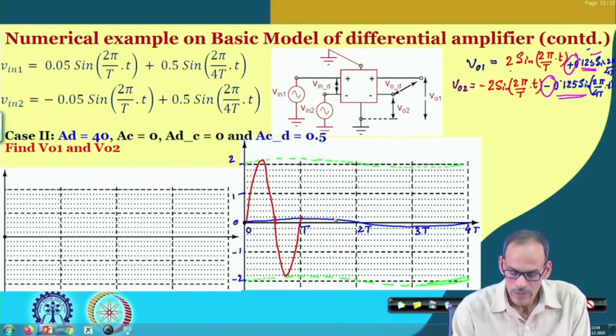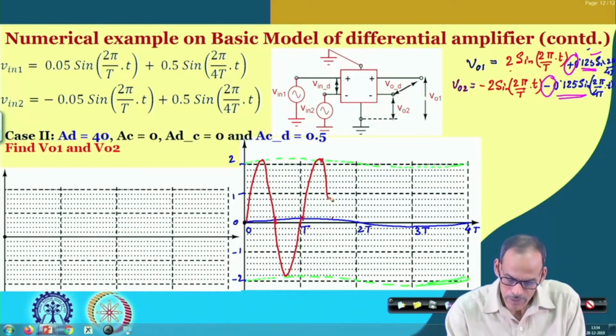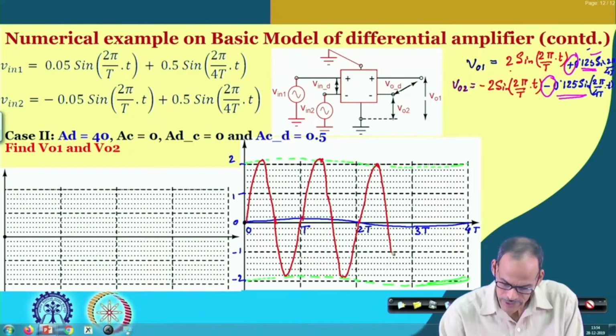Then again it comes up, going to this green line, and it goes on like this.